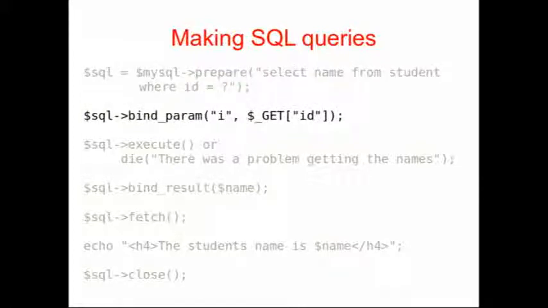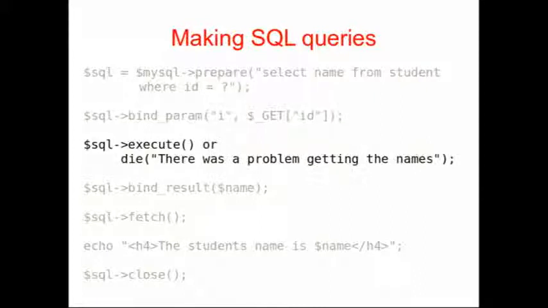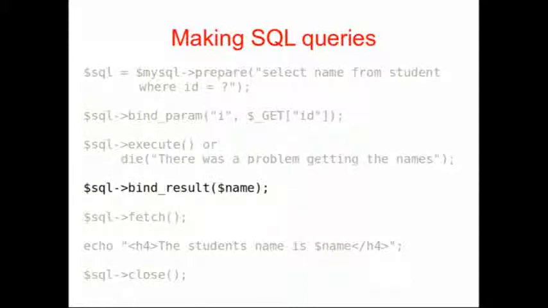We've got a placeholder there. We bind a parameter to that, an integer in this case. We execute the command. And of course, we always want to check that we're able to execute the command, and if not, then we die and get out of there.